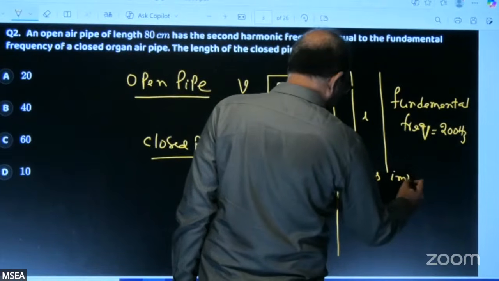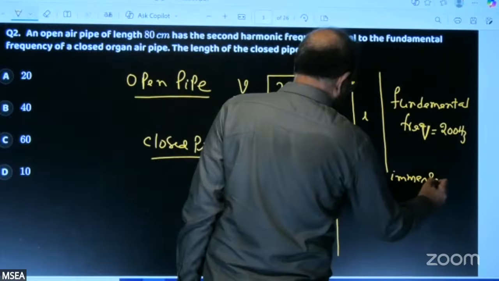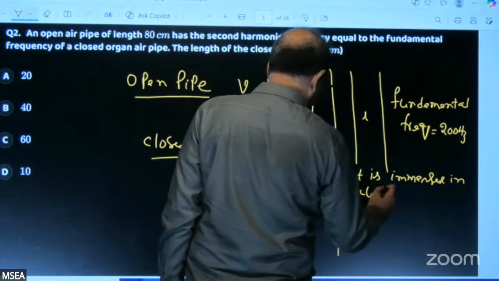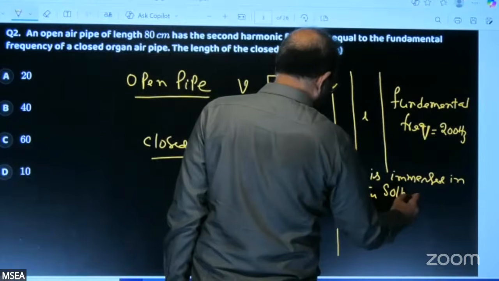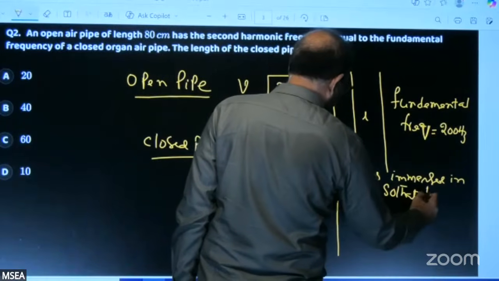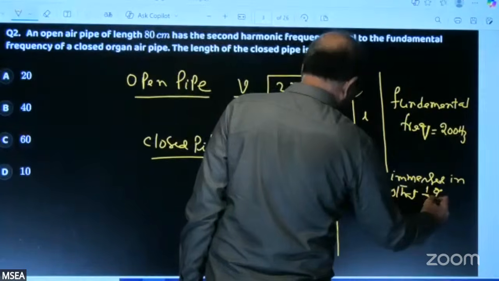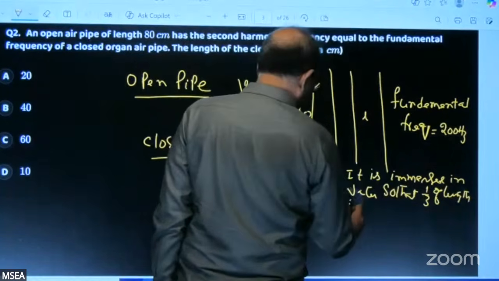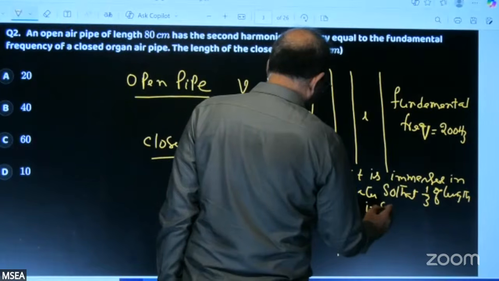It is immersed in water so that 1/3 of its length is inside water.